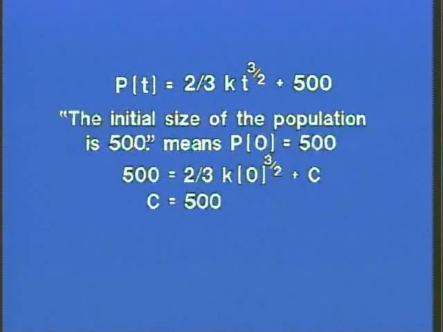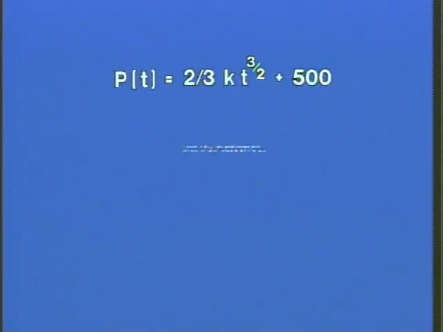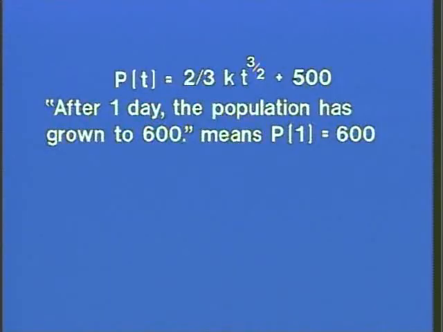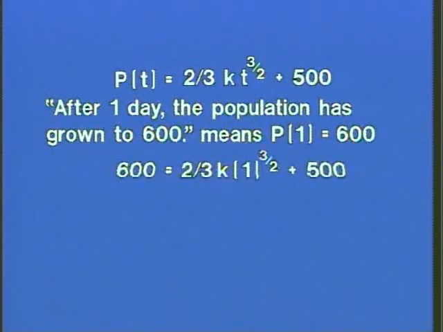And now we'd like to find the value of k, and we can do that from another statement in the problem which said after 1 day the population has grown to 600. Well, that means that p of 1 is 600. When t is replaced with 1, the value of the expression is 600. So we can write then that 600 is 2/3 k times 1 to the 3/2 power.